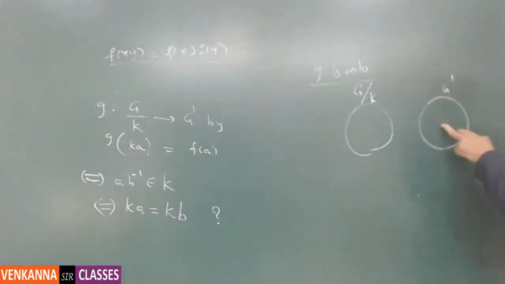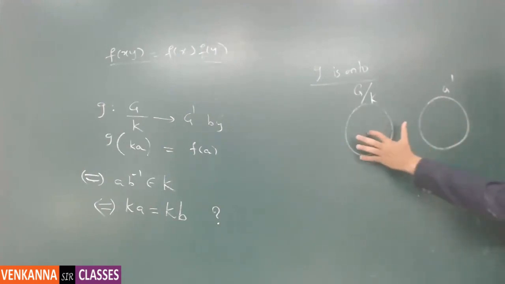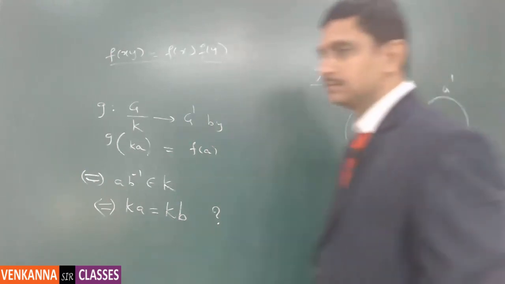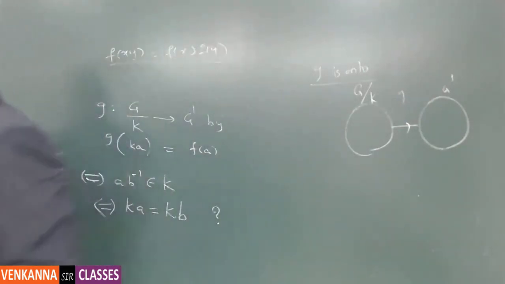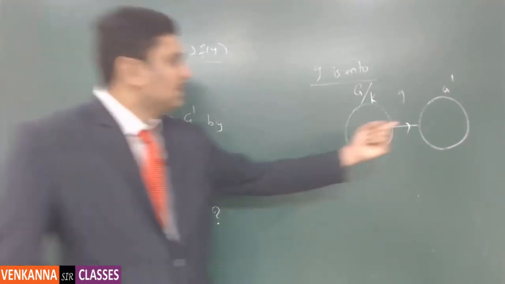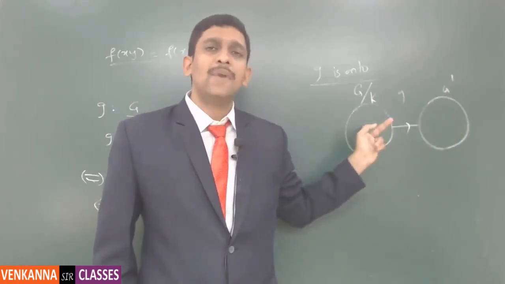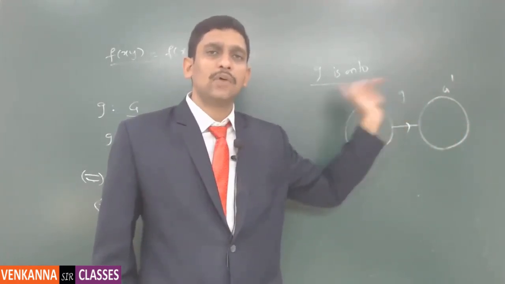For every element here, you should find an element here, so that if you apply g, this element should come. Agree? Yes or no? The concept of onto: for every element in the codomain, you should find an element in the domain.